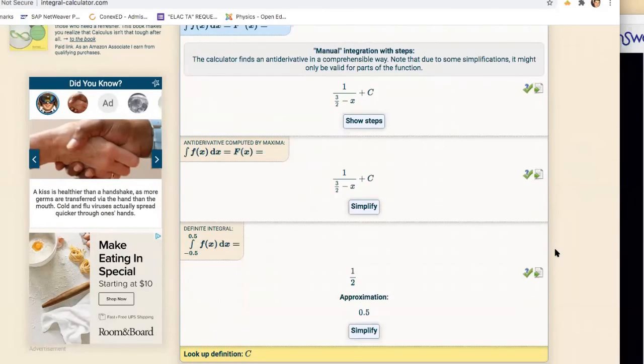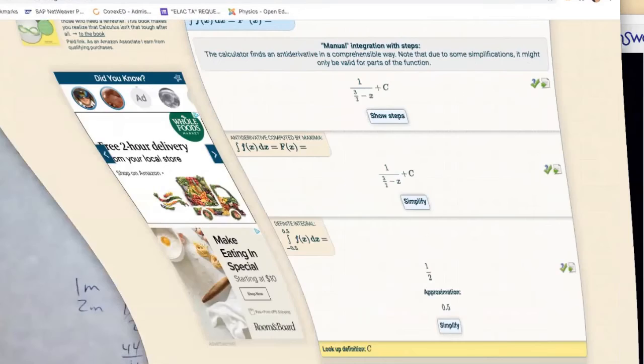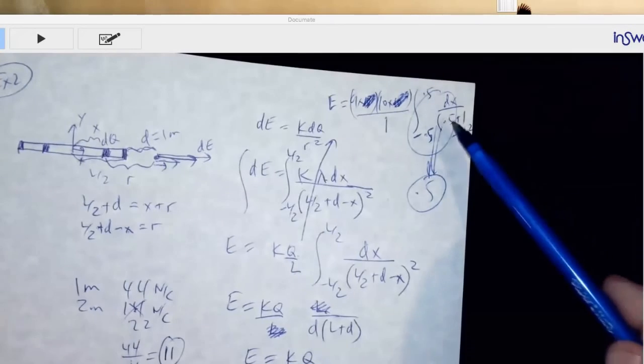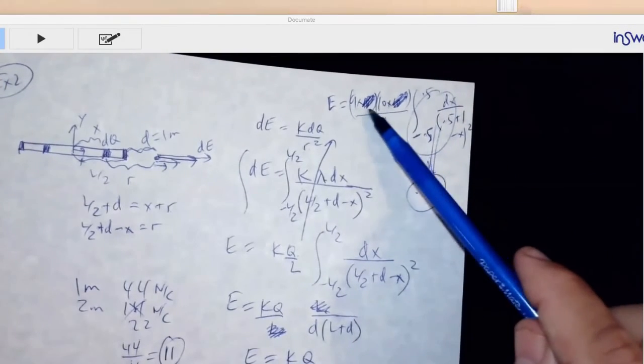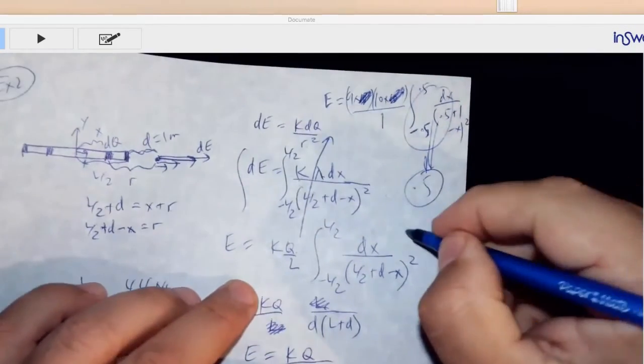It just gave me exactly a half. Now I multiply it by 90. There you go, and then that's just 45.